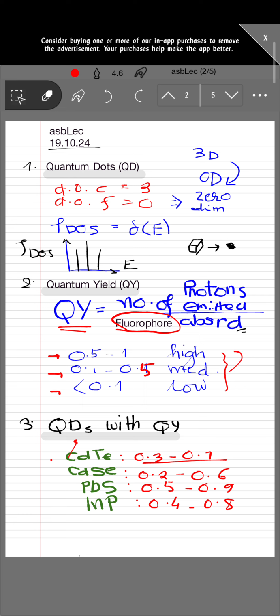Then we have cadmium telluride, 0.2 to 0.6, PbS, lead sulfide, 0.5 to 0.9, which is quite high here, and indium phosphide. These are all direct band gap semiconductors. If made into the form of a quantum dot, they are supposed to provide quantum yield in this range.